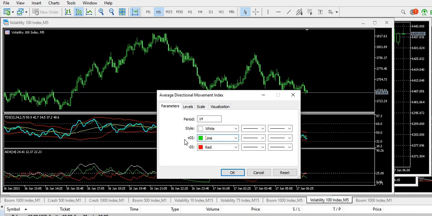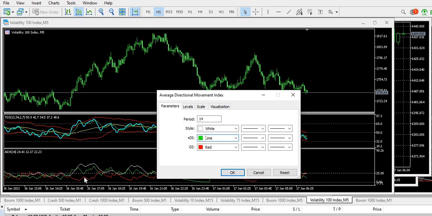If the bulls are in charge, you will always find this green line on top, going up while the red is going down. These two lines always work against each other according to who is in charge. So if the green is going up, the red is coming down.